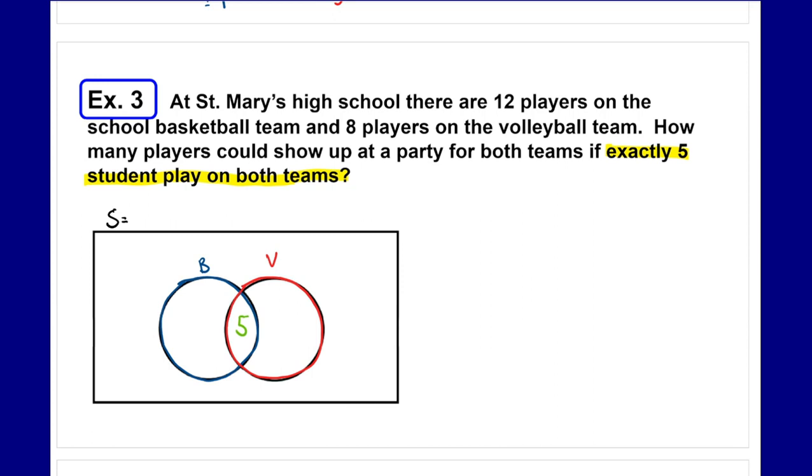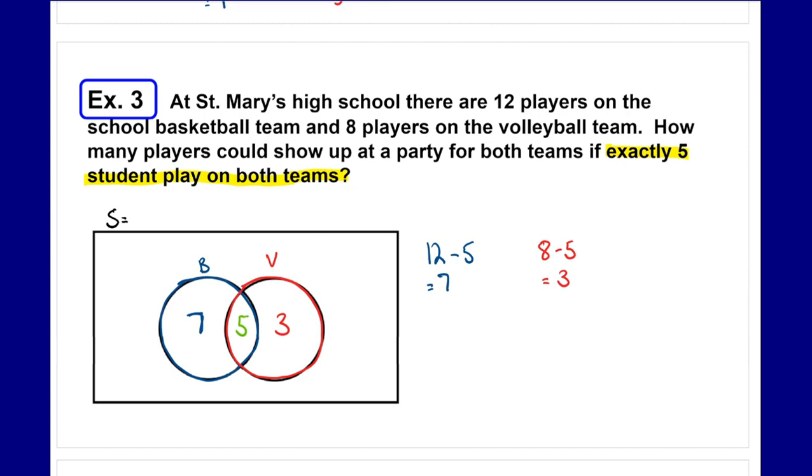So again, here we're going to use our reasoning, kind of removing the overlap. So if 12 players play on the basketball team, minus the 5 that play on both, there are 7 in total that just play basketball. And we do the same thing for volleyball. 8 players on the volleyball team, minus 5 that play on both, leaves us with 3 that just play on the volleyball team.